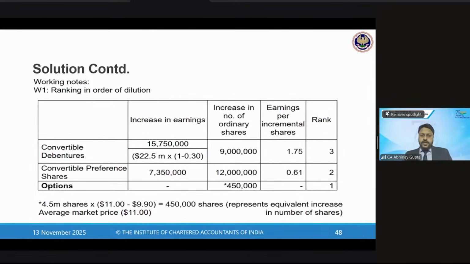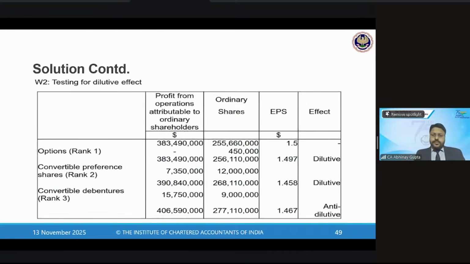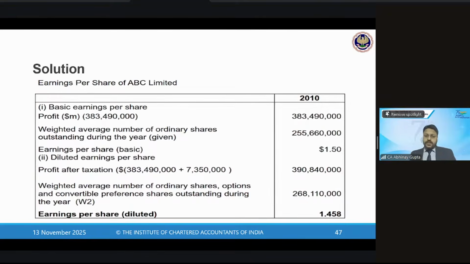We did the ranking for these 3 items in this table, based on the results they are producing. This one is giving me a 0 answer, so the rank is 1, then the second largest and the largest. In this ascending order we are doing the ranking, and on that basis we have computed the diluted earning per share here.